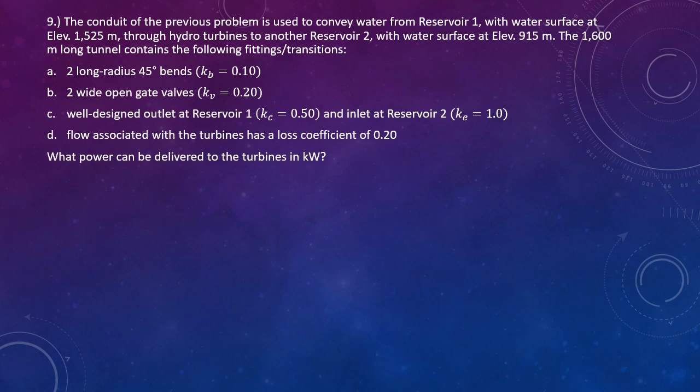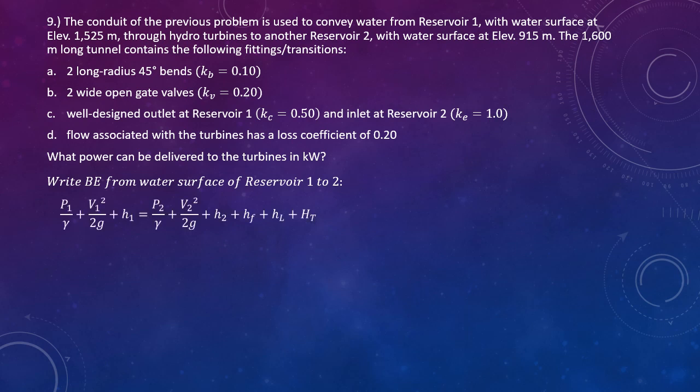First, we need to solve for the head extracted by the turbine, HT, by writing the Bernoulli energy equation from the water surface of reservoir 1 to reservoir 2. And this is the Bernoulli equation, wherein hf is the major or frictional head loss, which we just computed from the previous problem.